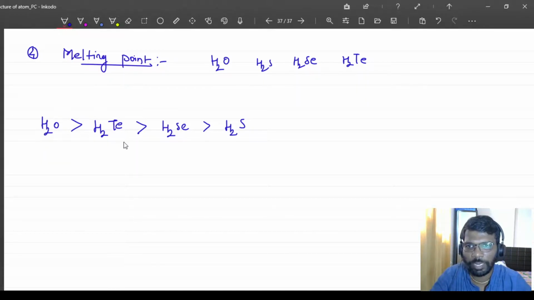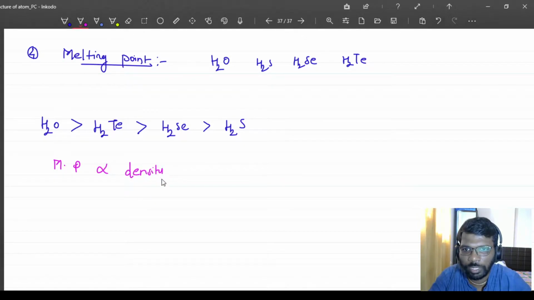H2O will have the highest melting point, but the reason is different. Melting point is directly proportional to the density.